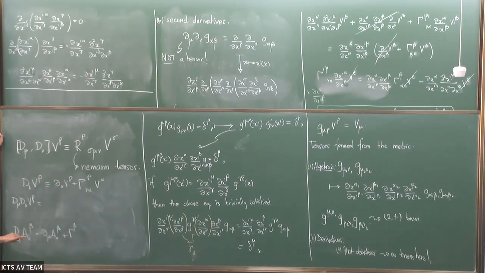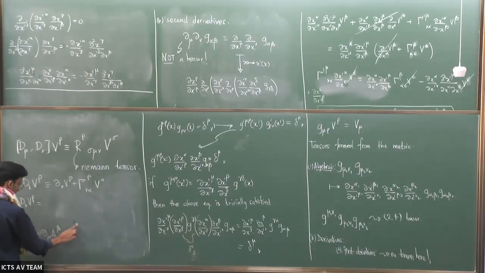Does everybody else get what I'm doing? Okay. I'm just trying to write down a covariant derivative of a quantity with a lower index and an upper index. Okay. Let me just write it down. Let me do this index first.